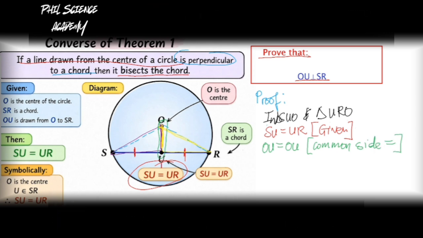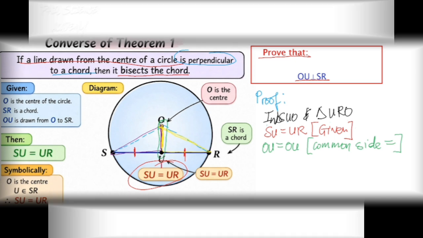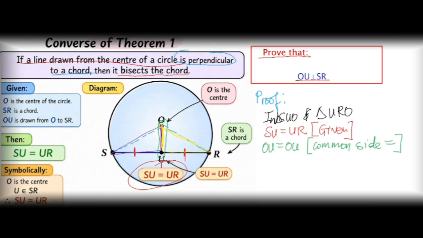Now, there's also another thing you might see: these two triangles have equal radii. So SO is equal to OR.